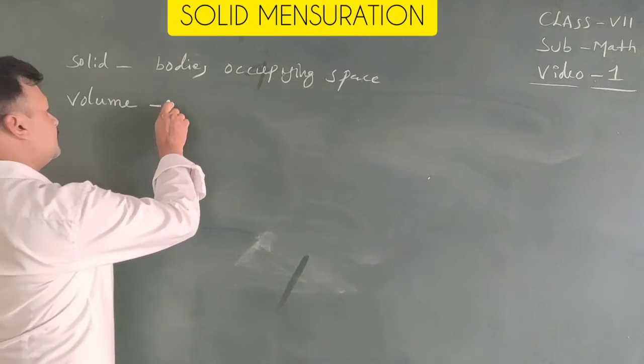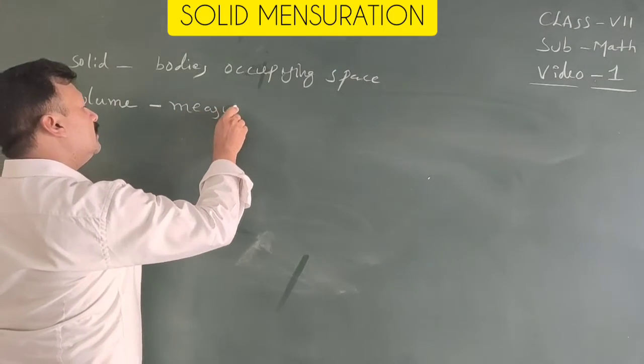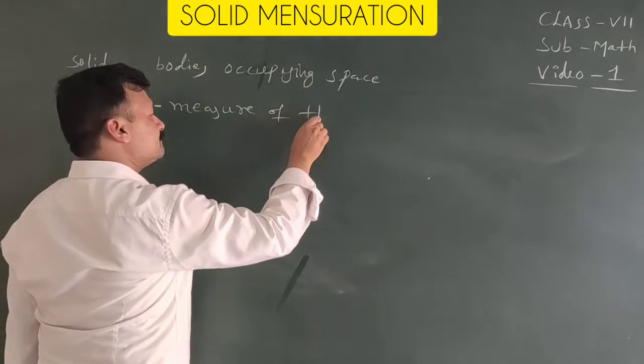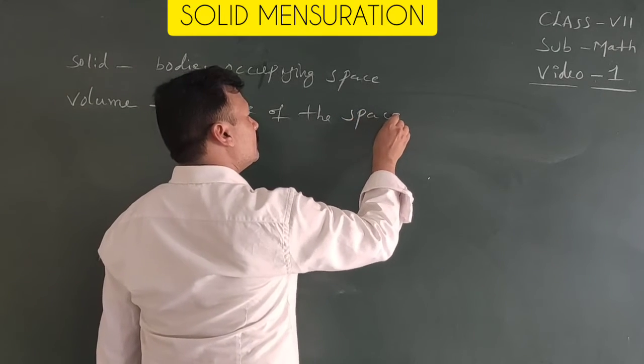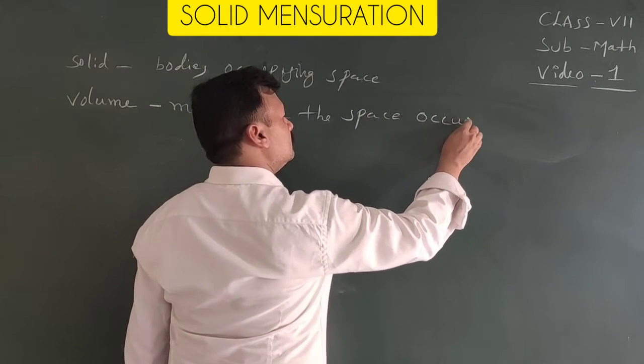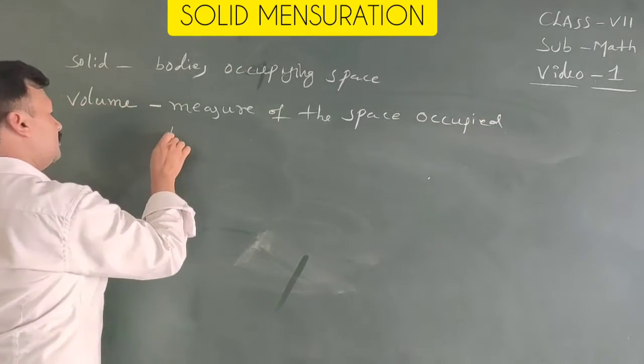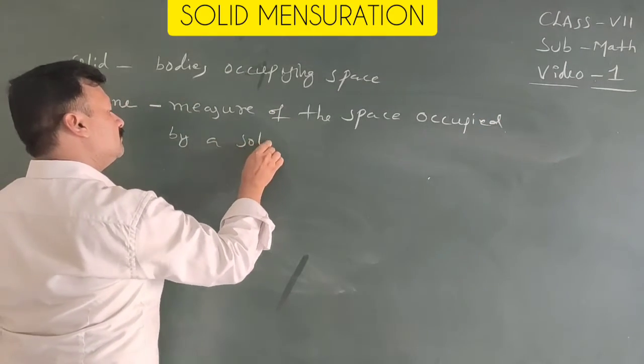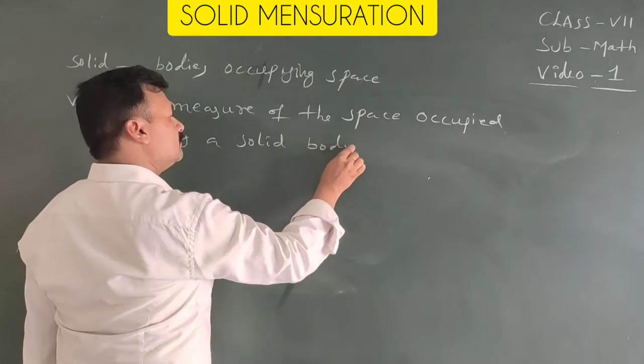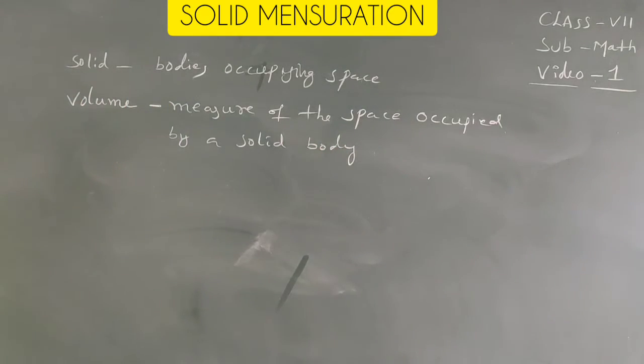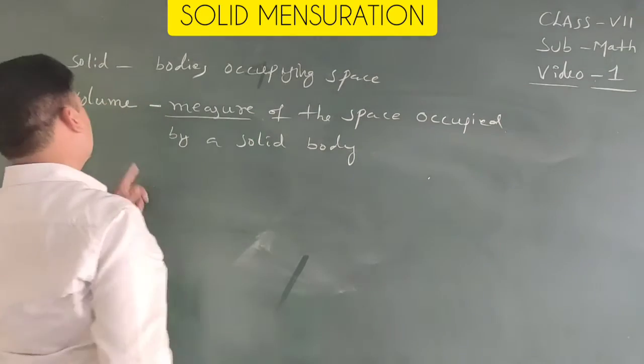The measure of the space occupied by a solid body is called volume. Okay, the space occupied by an object, that measure is called its volume.